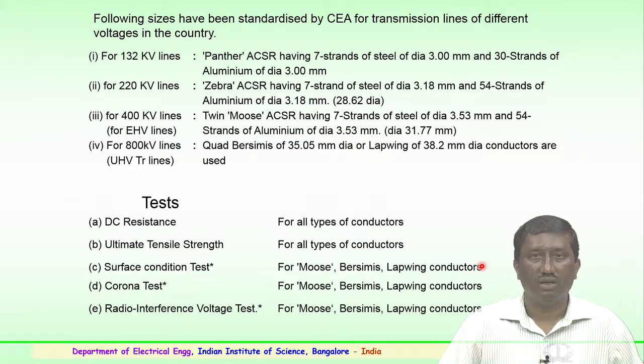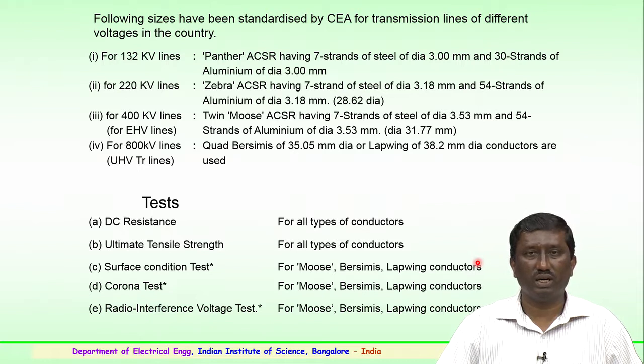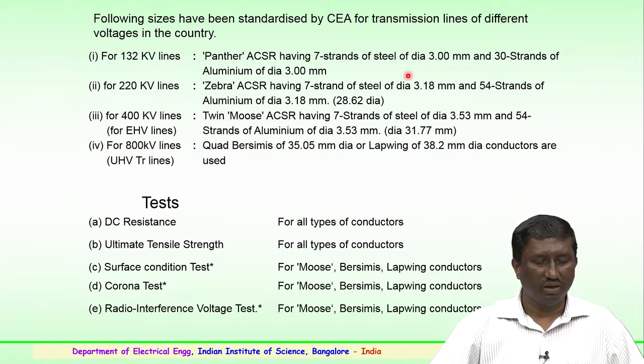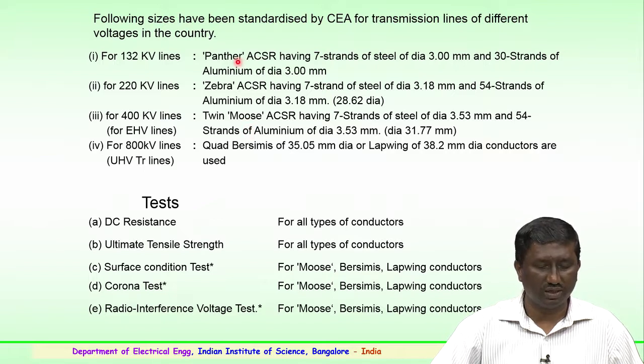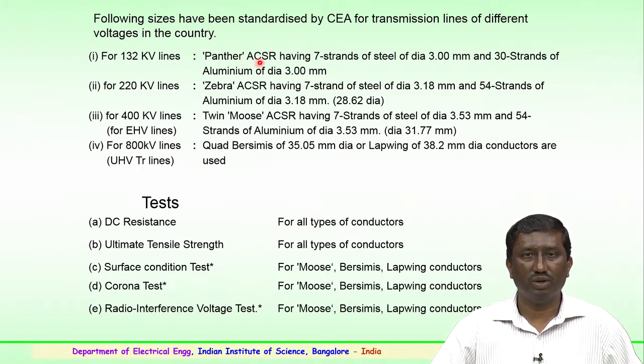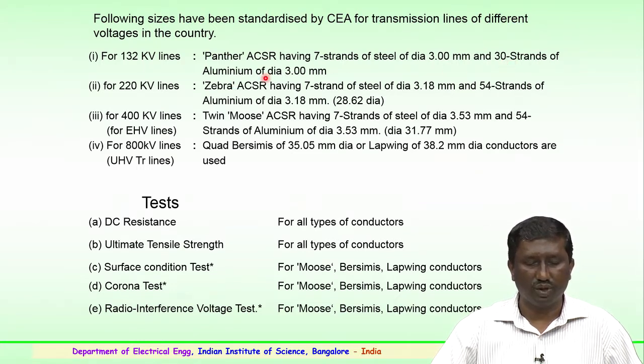In India, the following sizes have been standardized by the Central Electricity Authority for transmission and distribution lines in the country. In general, for transmission lines of 132 kV systems, the nomenclature is Panther. Panther is the name of a conductor of a particular size, an aluminum conductor steel reinforced, which has 7 strands of steel in the middle, of dia 3 mm for mechanical strength, surrounded by 30 strands of aluminum of dia 3 mm.